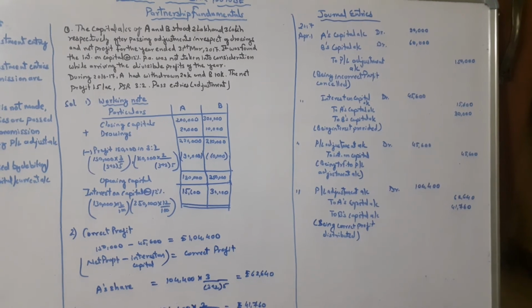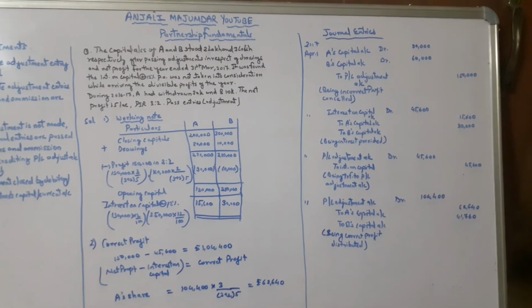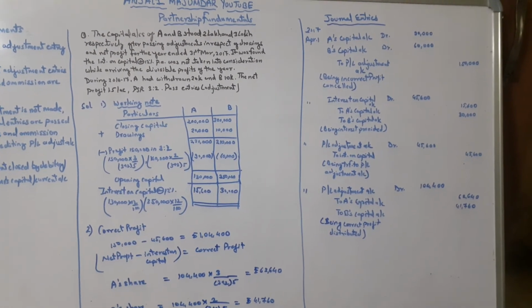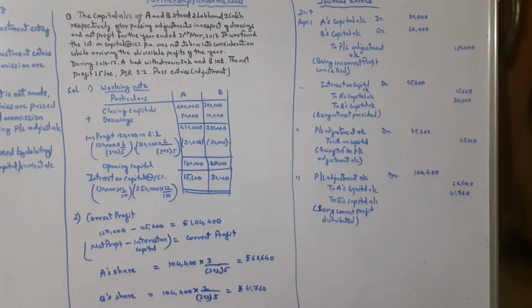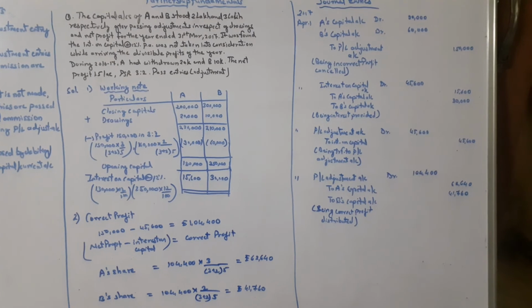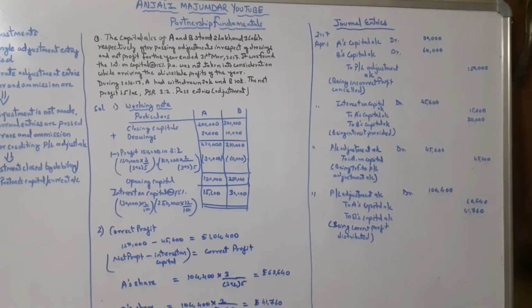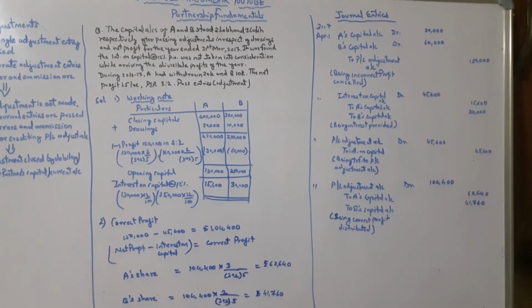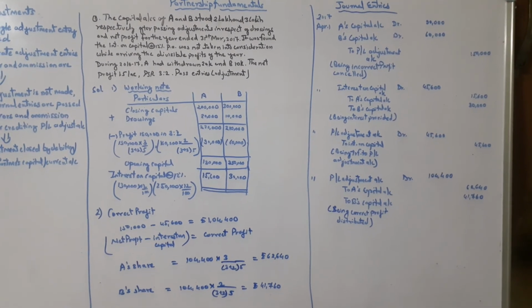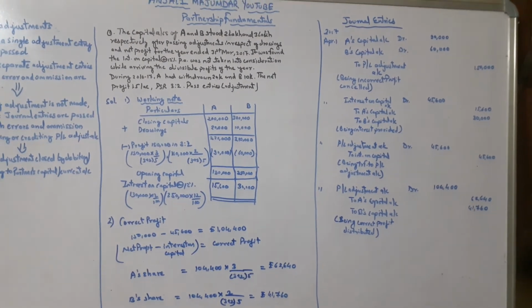And the last entry, P&L adjustment account debited to A's capital and B's capital. The narration is being correct profit distributed, or you can say the P&L adjustment account has been closed by transferring into the partners' capital accounts. The amount is 62,640 and 41,760 as per working note number 2.